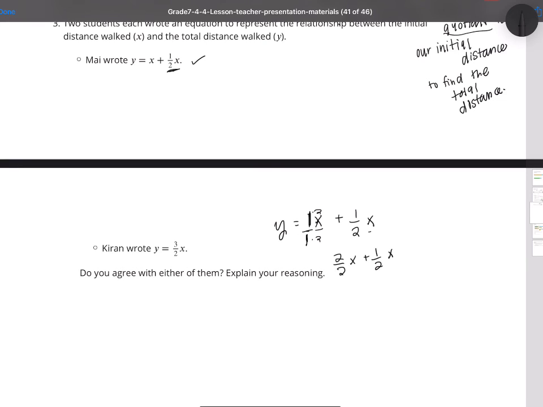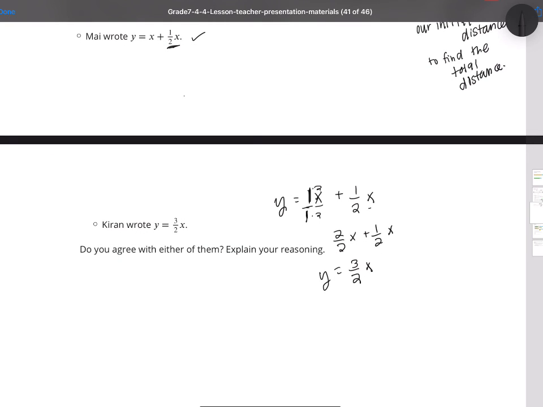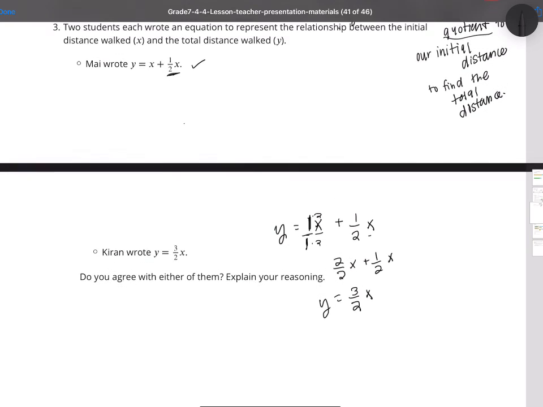Now I could combine the like terms, which would give me y is equal to 3/2 x. Both of their equations are equivalent to each other. It's just that May wrote the expanded form of the equation, while Kyron wrote the condensed form of the equation.